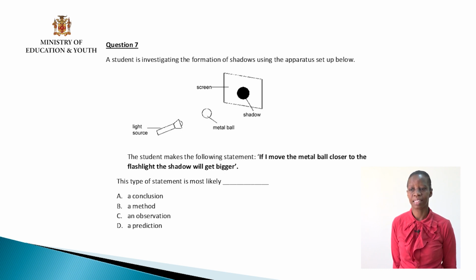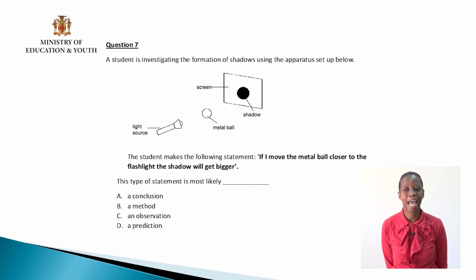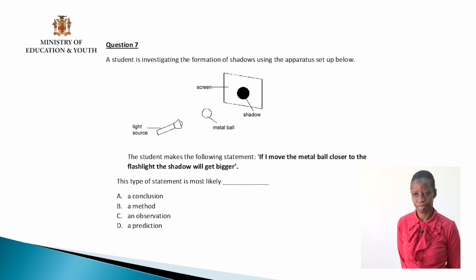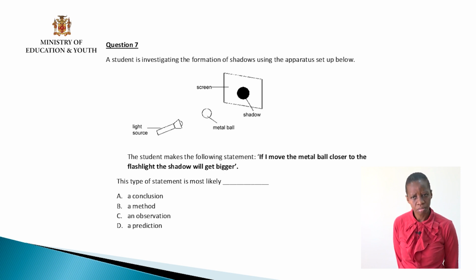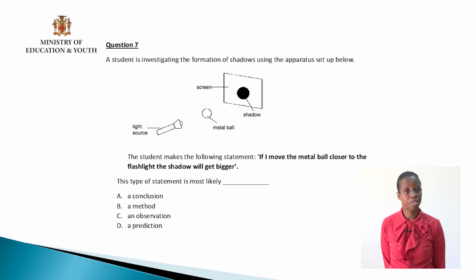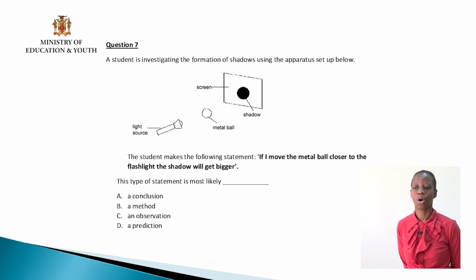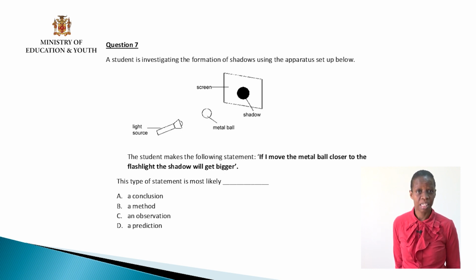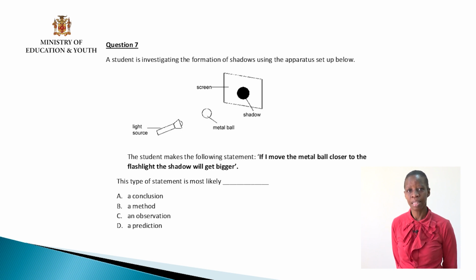So we're going to look at that statement and determine what type of statement that is based on the options that we have. Is that a conclusion? Is that statement a method? Is it an observation? Or is it a prediction? So obviously you would need to remember the steps in the scientific method. Okay, so let's see your answer for this question.